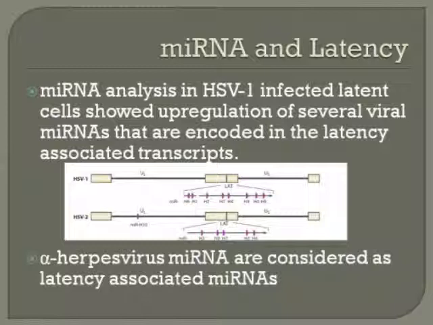And in HSV2 it's the same story, but you can see one microRNA, that is MIR H10, that is not present in the LAT region, and this microRNA is found to be expressed in productive replicating virus and not in the latent virus. And most of the alpha herpes virus microRNAs are considered as latency associated microRNAs.